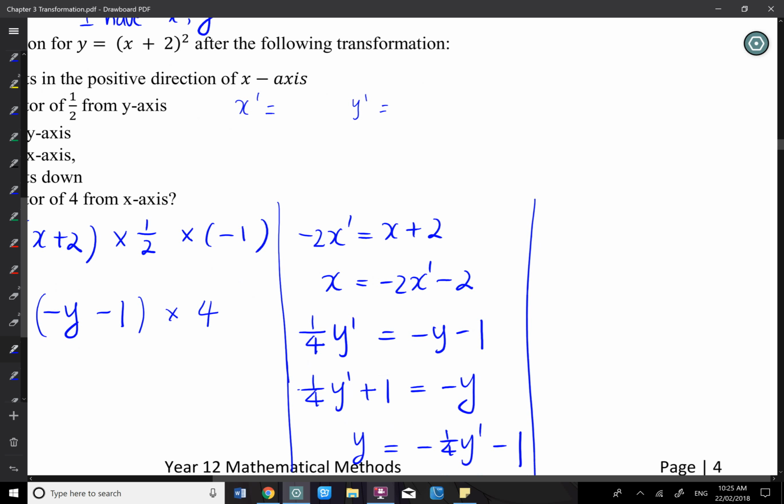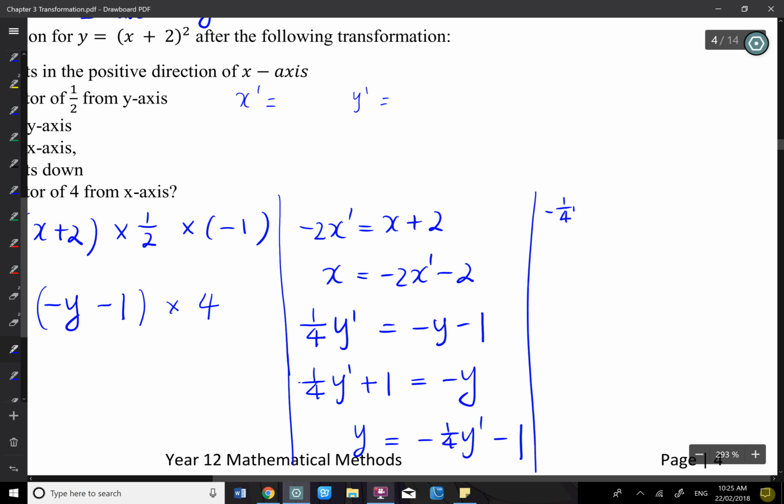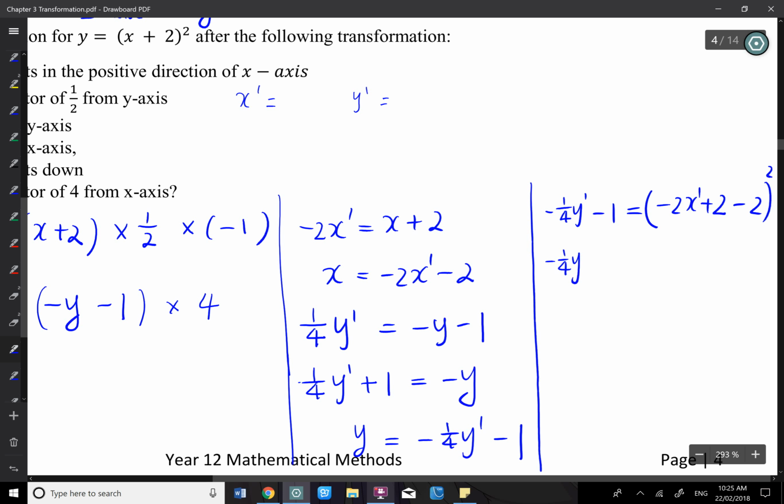And what you'll do is substitution. So minus a quarter y dash minus 1 equals to bracket minus 2x dash minus 2 minus 2, and then squared. Well, I can get rid of the dash now. Minus a quarter y minus 1 equals to minus 2x squared. And then minus a quarter y equals to 4x squared plus 1.